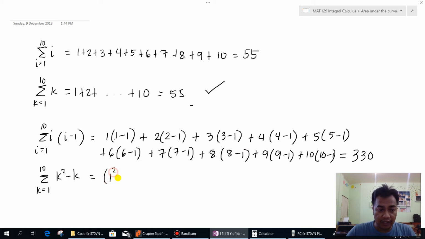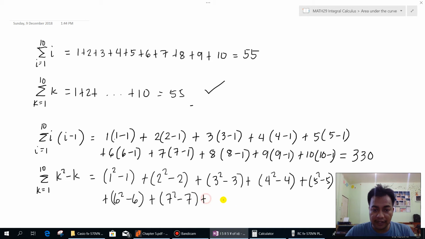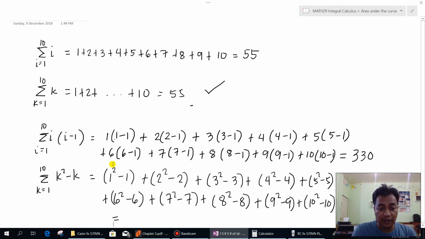Okay, this is 1 squared minus 1 plus 2 squared minus 2 plus 3 squared minus 3 plus 4 squared minus 4 plus 5 squared minus 5 plus 6 squared minus 6 plus 7 squared minus 7 plus 8 squared minus 8 plus 9 squared minus 9, and finally 10 squared minus 10.